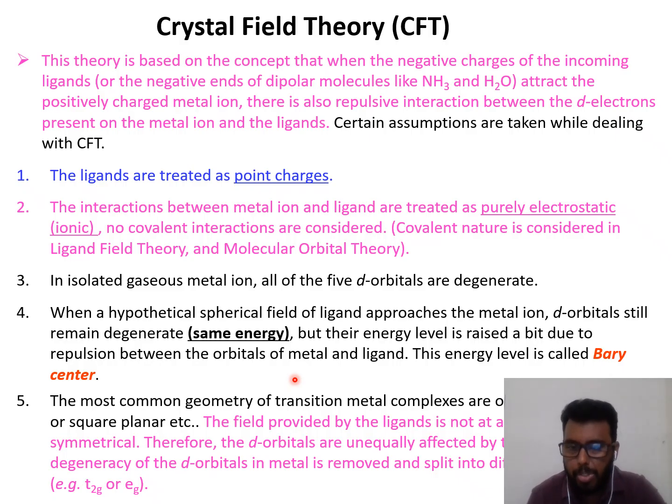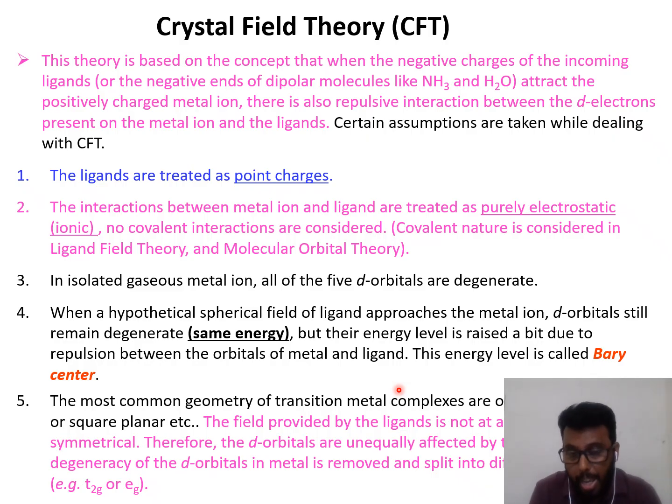We will mostly be studying d orbitals in this module. So 5 d orbitals are degenerate. What does the term degenerate mean? It means equal energy. All the d orbitals are of the same energy.